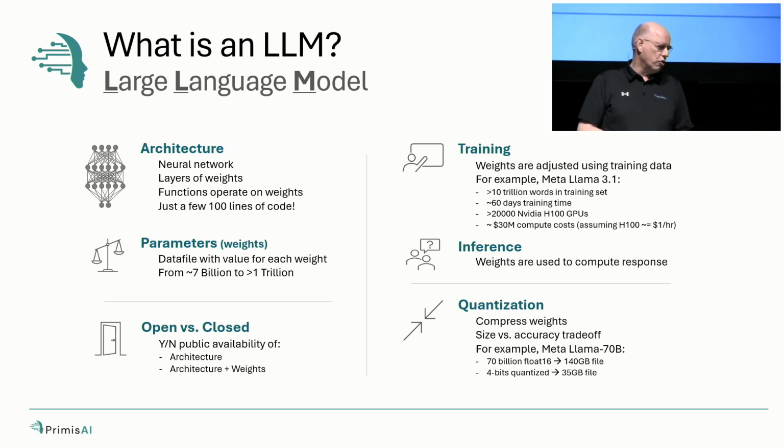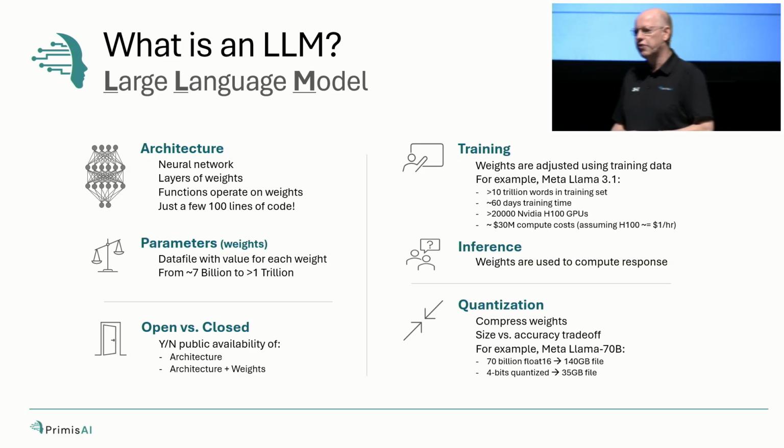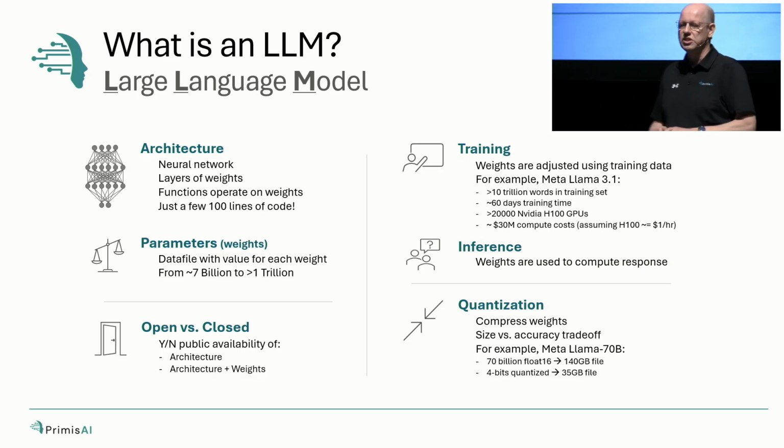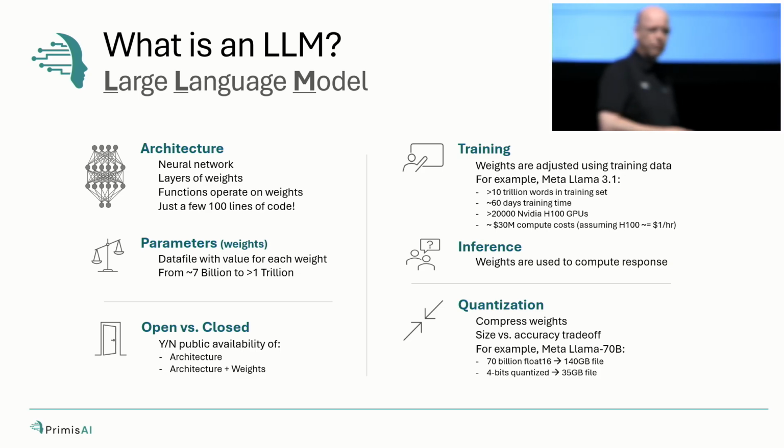And also you have a bunch of weights, a bunch of parameters which are learned during the training process. Now, where LLMs differentiate from many other deep learning networks is that they're big when it comes to the number of parameters.